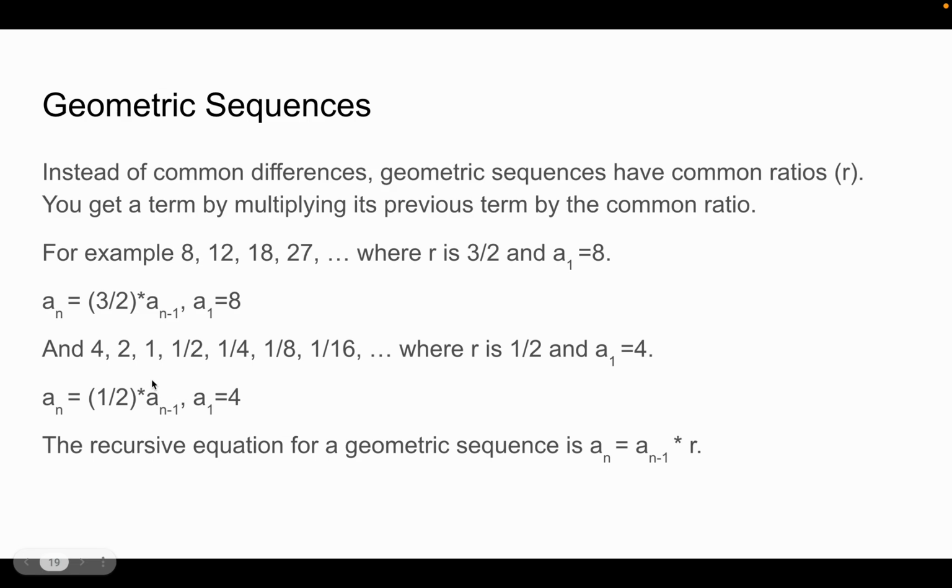So a2 equals 2, and a3 is equal to 2 over 2, which is just 1, and a4 equals 1 over 2, which is 1/2, and a5 is equal to a4 over 2, so a5 equals 1/2 over 2, which is equal to 1/4.